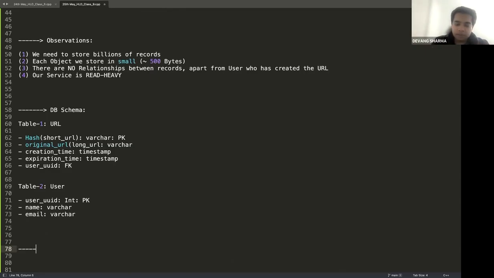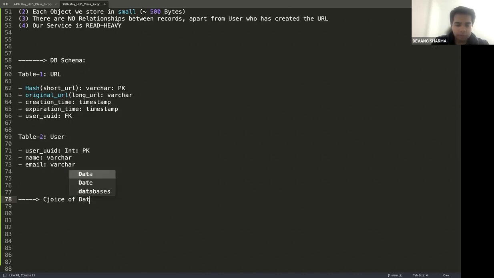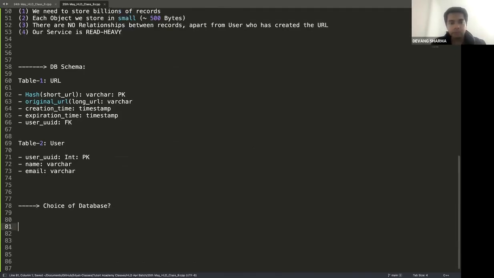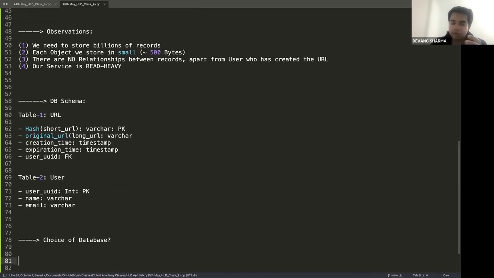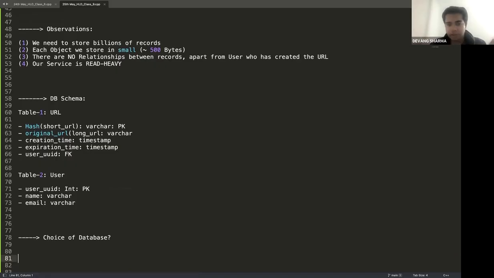Now, based upon these details, let's make a decision on the choice of database. Yes, that's what I'm saying. Eventually, in the final design, we will not store that. Understand this one way: we never start with the correct answer.